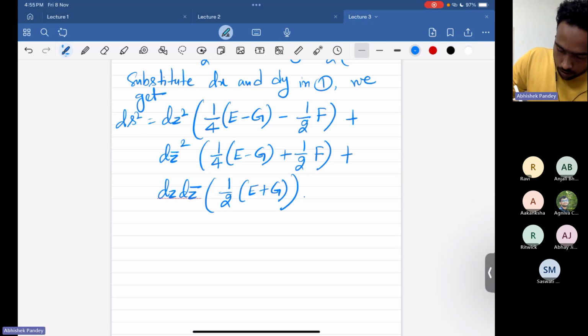So now this is of the form A dz plus B dz bar square. I'm just using some notations.